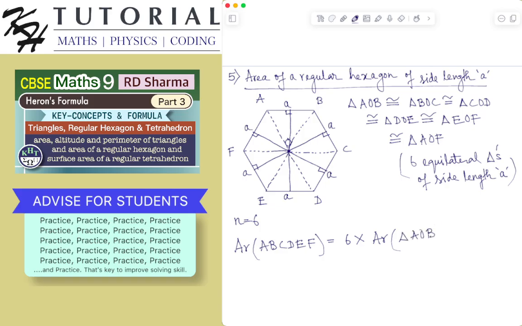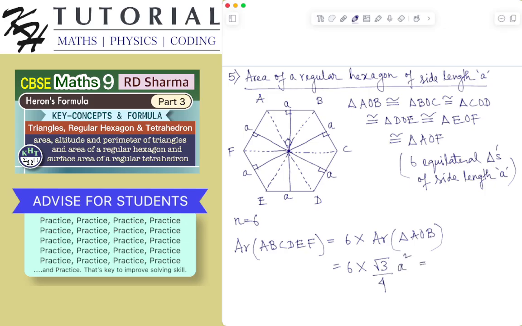Now, what is the area of the triangle AOB? It is an equilateral triangle having length of each side small a. So this is 6 multiplied by, we know the area of an equilateral triangle of side length a is square root of 3 divided by 4 multiplied by a square.